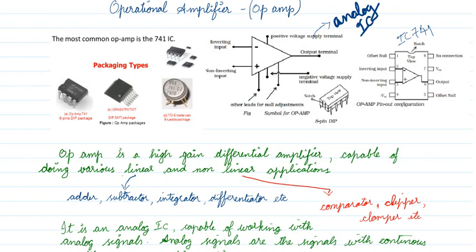And we know there are few ICs which are digital IC. If I say IC 7400, IC 7400 is a NAND gate. IC 7402 is NOR gate.